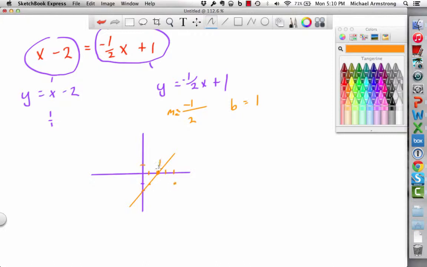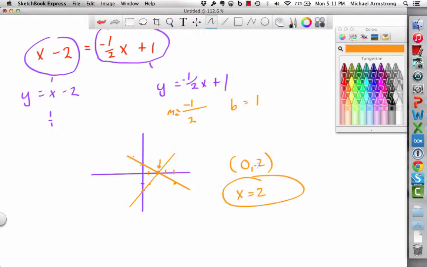But this is where we cross. Okay, so our solution, the graph intersects at 2, 0. Sorry guys. So the solution is x equals 2.